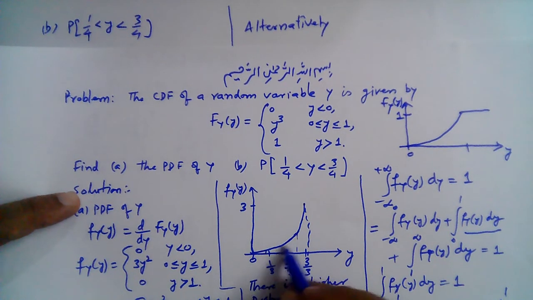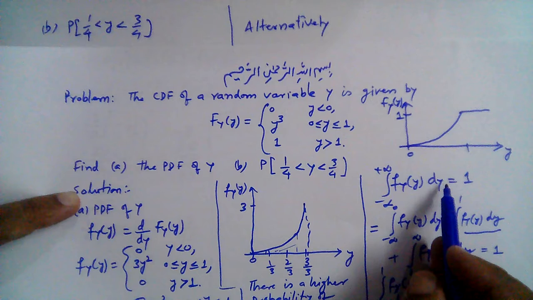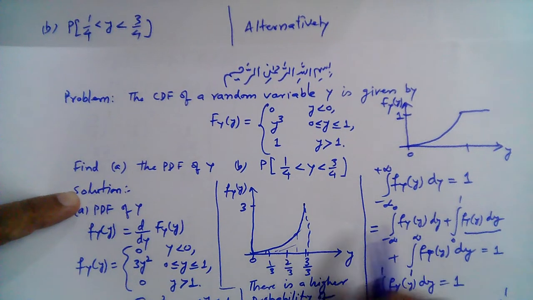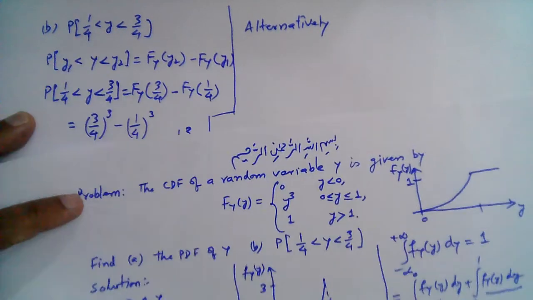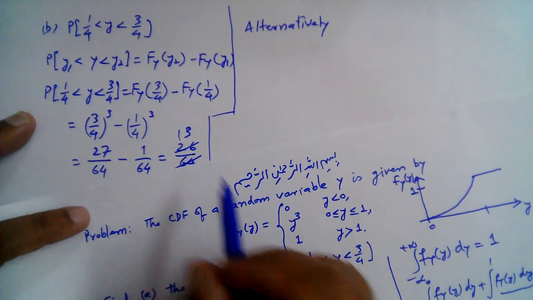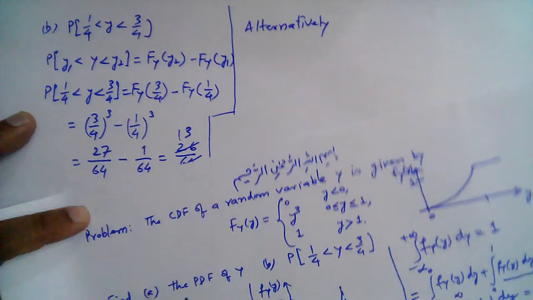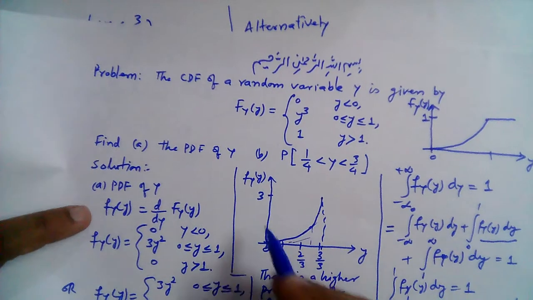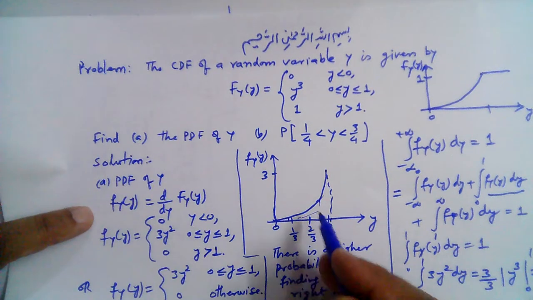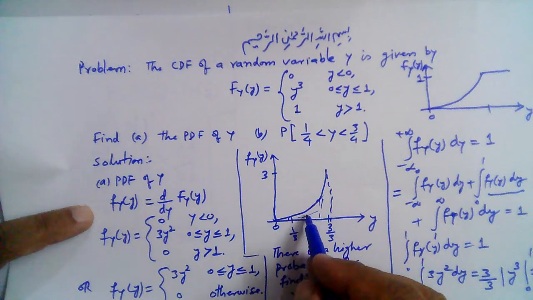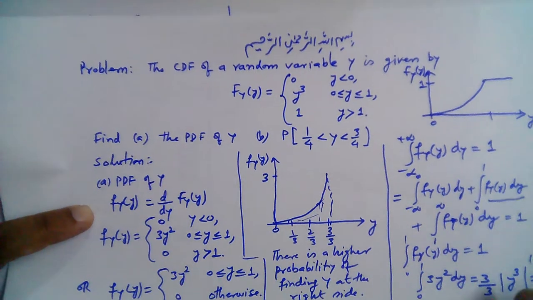So it is this area here which gives us this probability. And the total area under this curve is 1, as we have found here. If we want to find the probability that y is greater than 1 over 4 and less than 3 over 4, then this gives us the area between these two endpoints. So the area here will give us the probability.